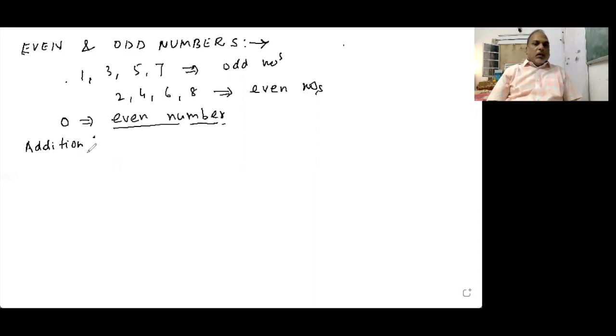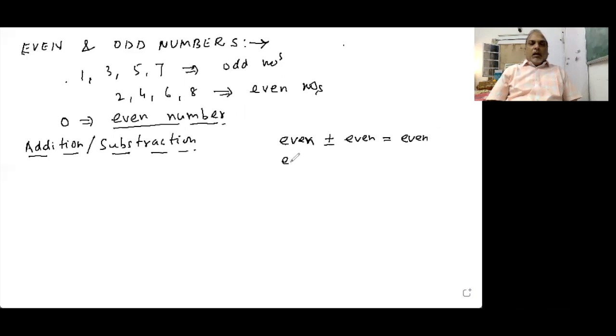Suppose there are two even numbers, then if you either add or subtract two even numbers, you will always get an even number.